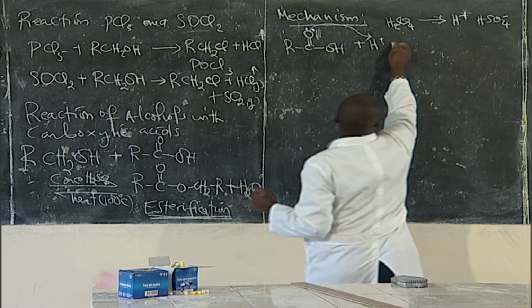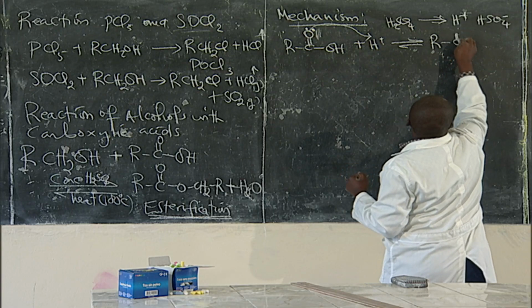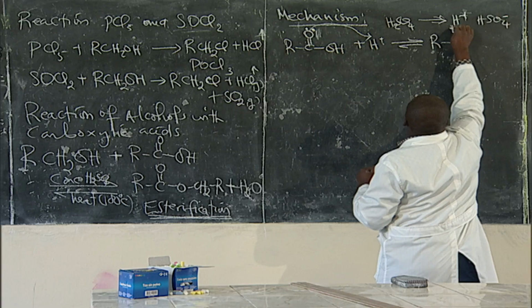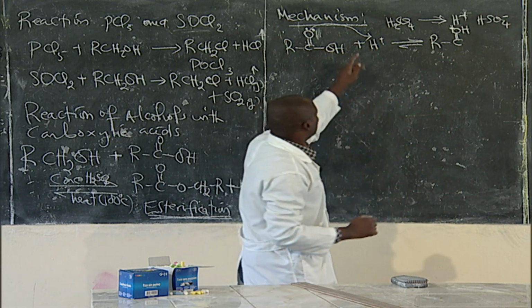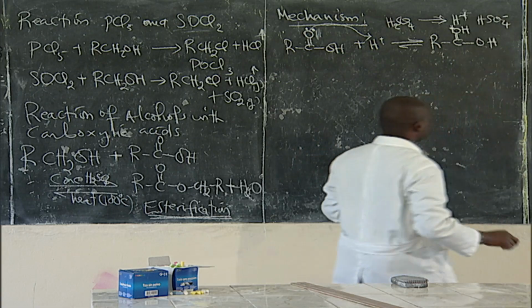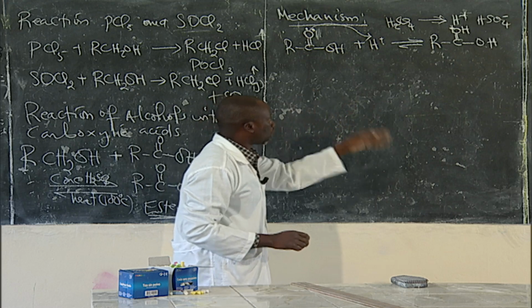And then it forms this intermediate compound with hydrogen. This has a positive charge because it has used its lone pairs. So it forms a positive charge there with OH. That is the first step, which is protonation.